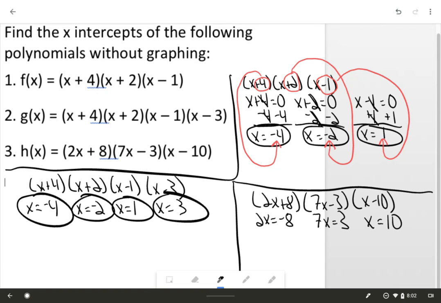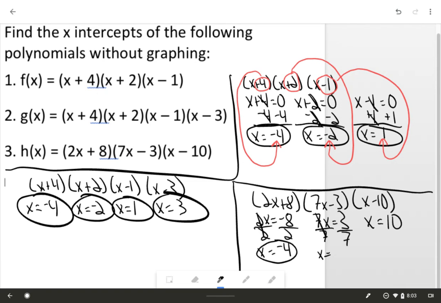Okay. The difference with those two is now I have to actually go through and solve. So I have to go through and divide both sides by 2. On this one, I have to divide both sides by 7 to get the final answer. So x is going to equal negative 8 divided by 2, so that's negative 4. And then this one's going to be a decimal, x is going to equal 3 divided by 7.